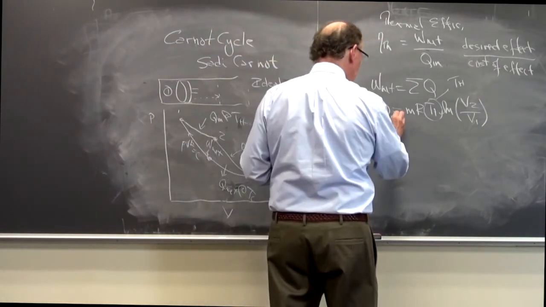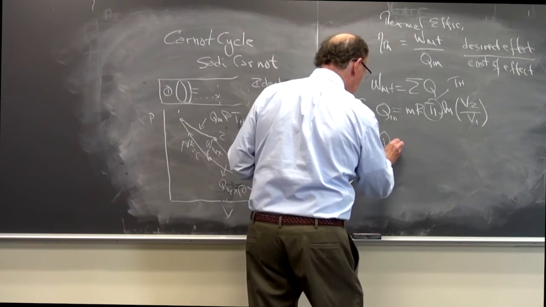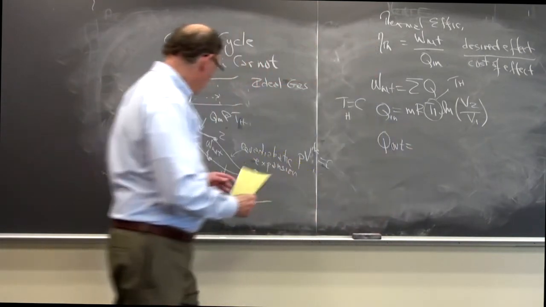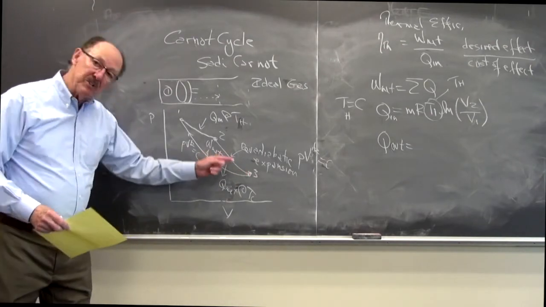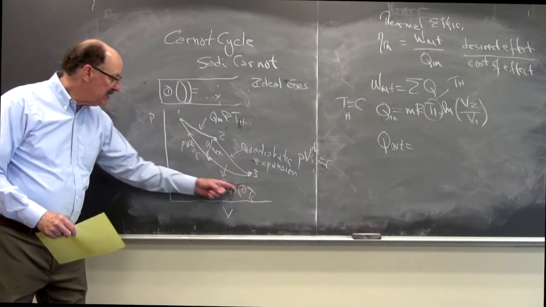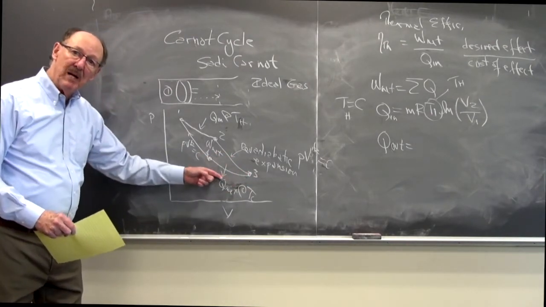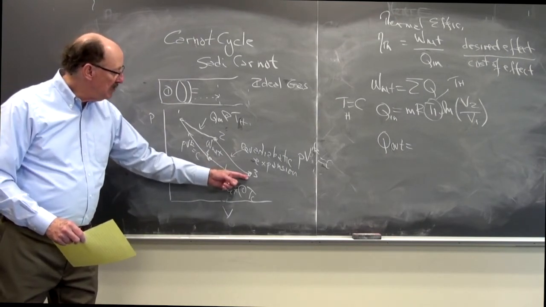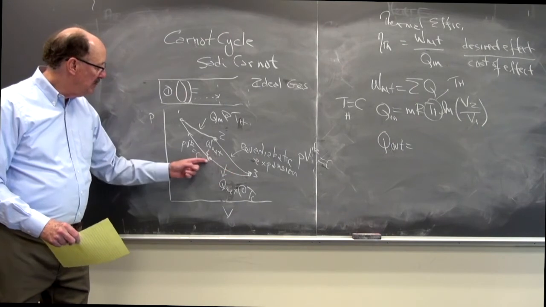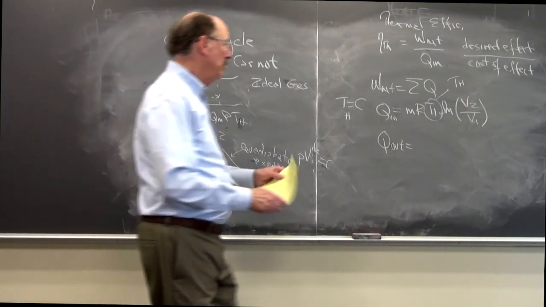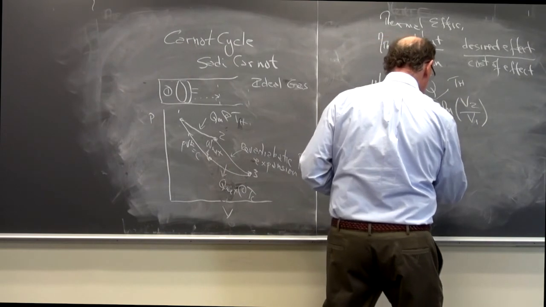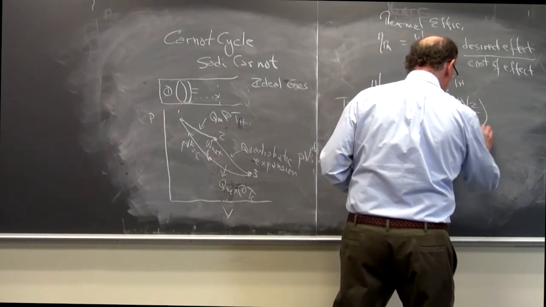So this is my Q in. My Q out occurs between 3 and 4. Again, it's an isothermal constant temperature process. So Q out is equal to mRT3 times the log of V4 over V3.